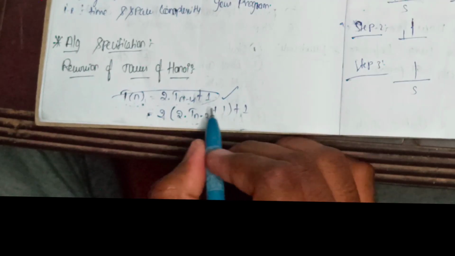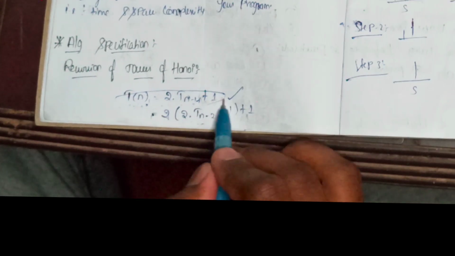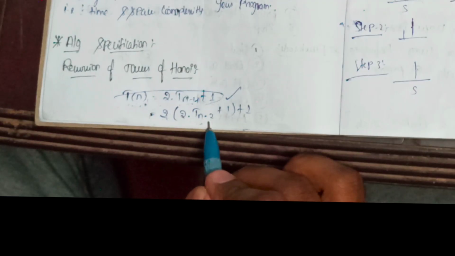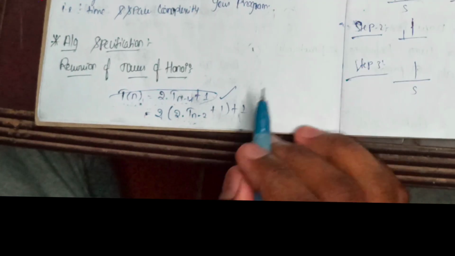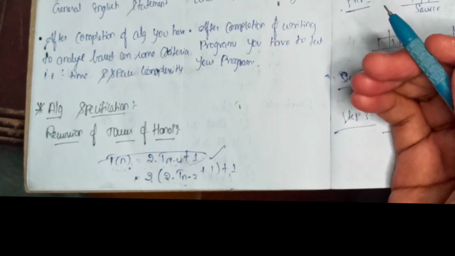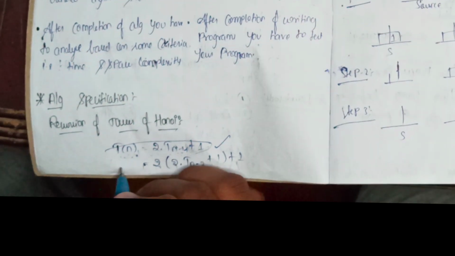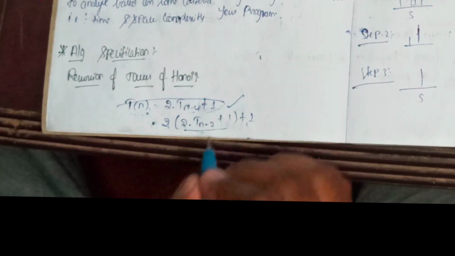Plus 1, and 2T(n) is the previous value, 2 into 2 into T(n-2) plus 1, plus 1 is the existing value, right? Again we multiply with 2T(n-1). Here the updated T(n) value is this one, right?